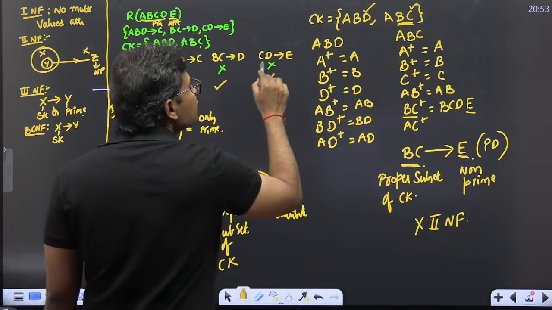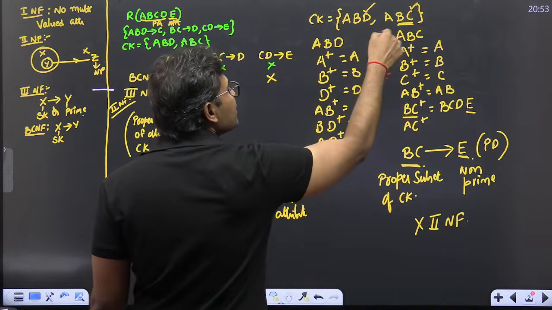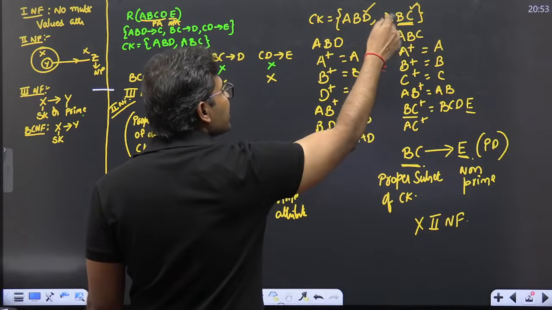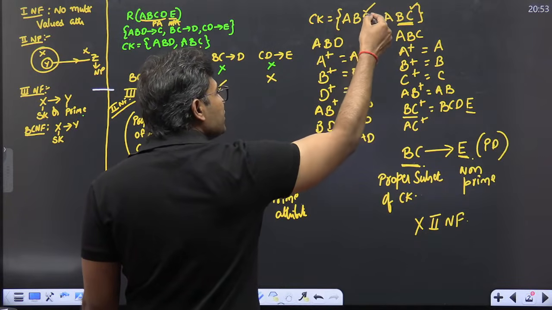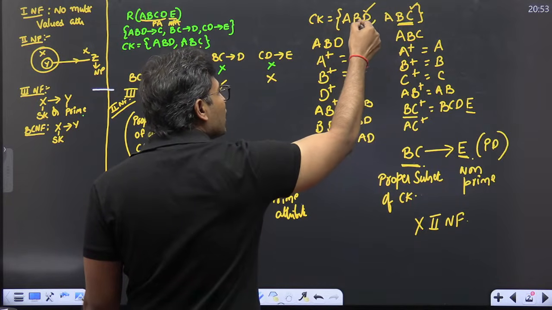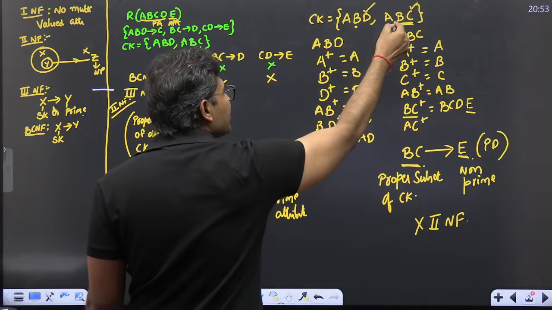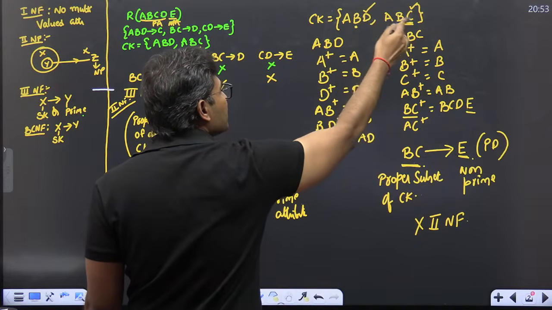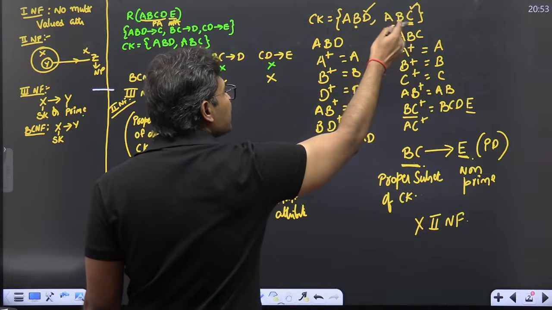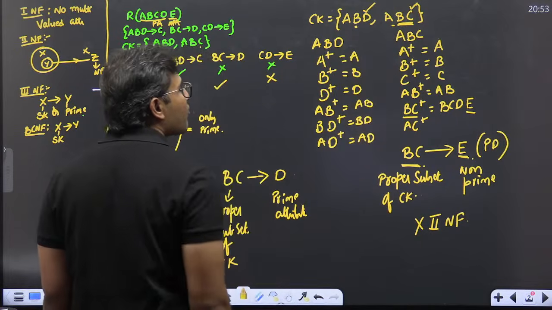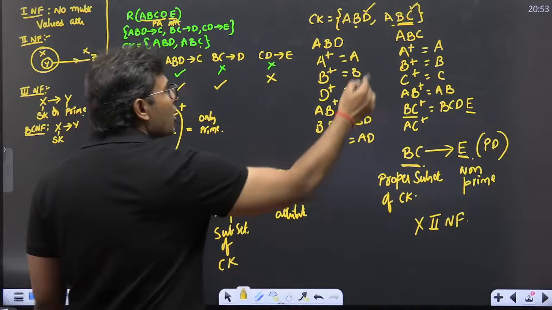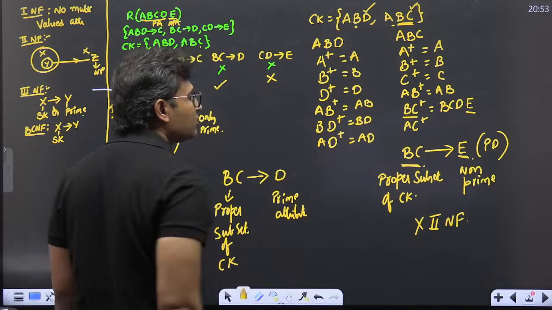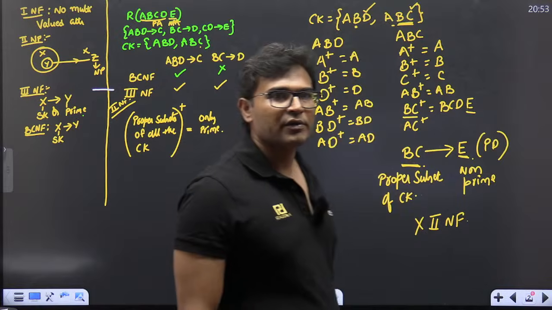Now CD is not a part of a single candidate key. We have to take only a part of a single candidate key. It should be completely a part of this candidate key or this candidate key. Actually, CD is not a partial key, because CD is not present in the same candidate key. That is why it is not a partial key, right?